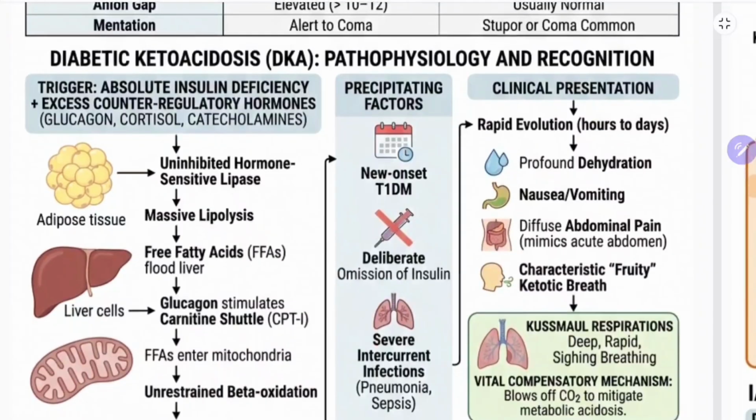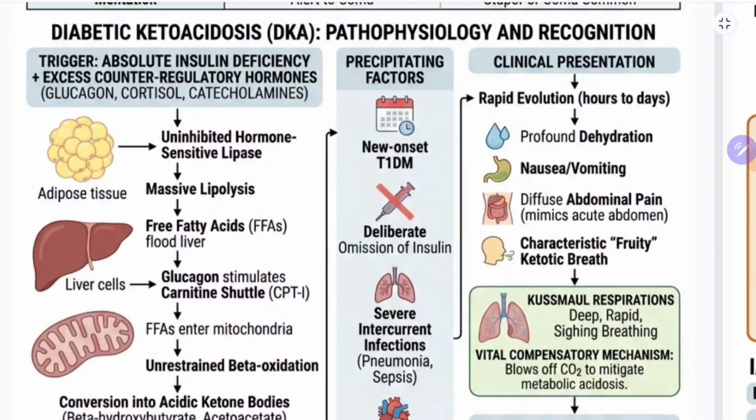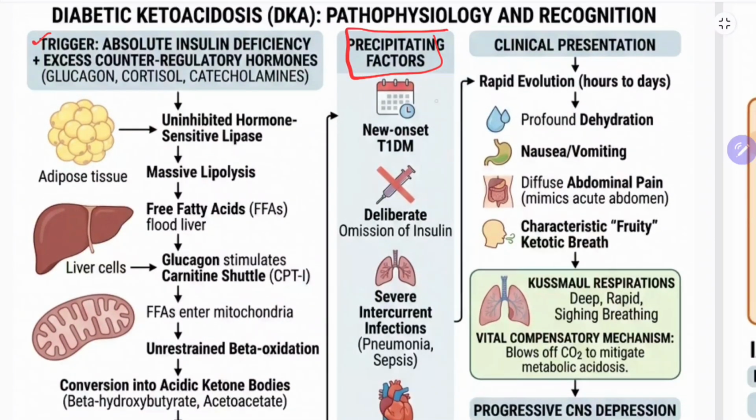So coming to diabetic ketoacidosis, we will discuss these topics in detail in acute and chronic complications of diabetes mellitus, which will be discussed after this diabetes mellitus. So in DKA, pathophysiology and recognition, the trigger is the precipitating factors of DKA. First we should see what the precipitating factors are.